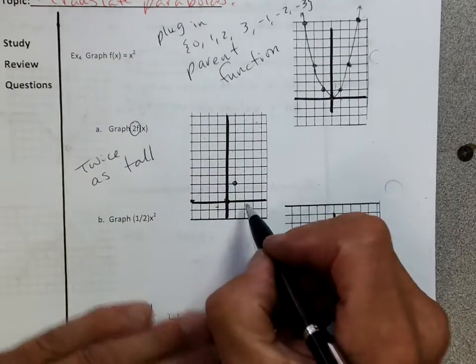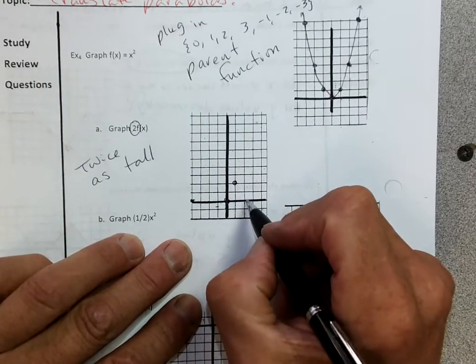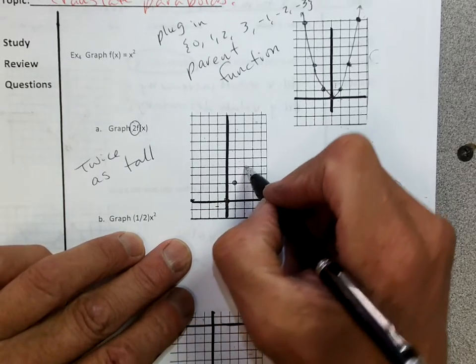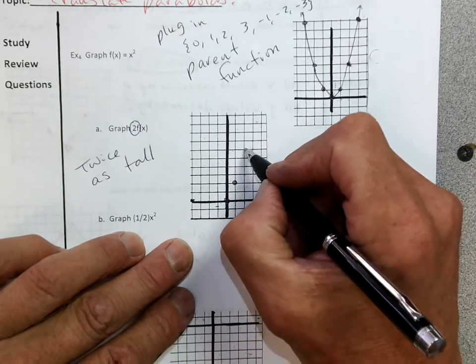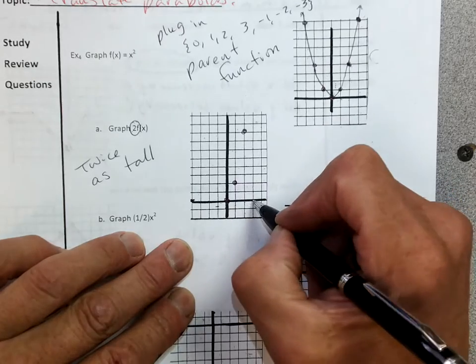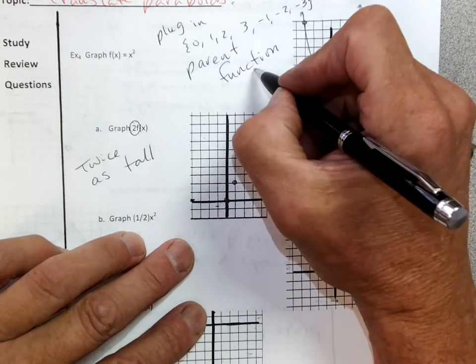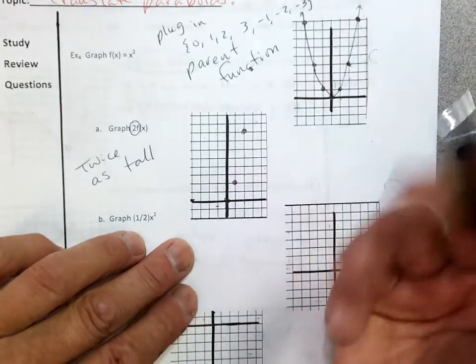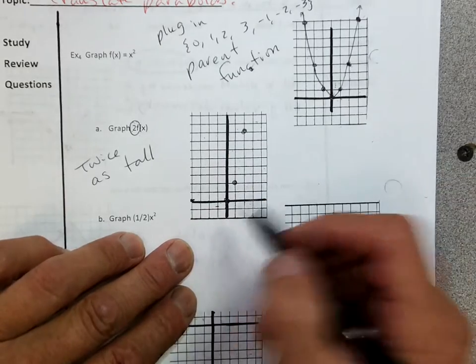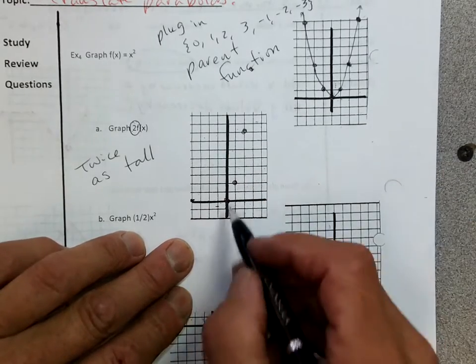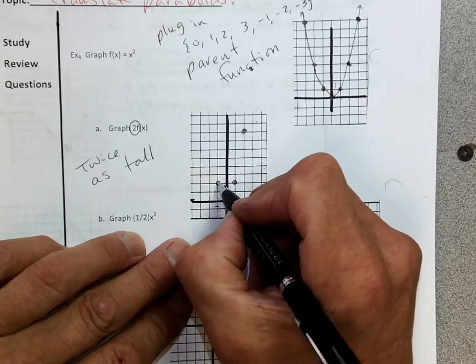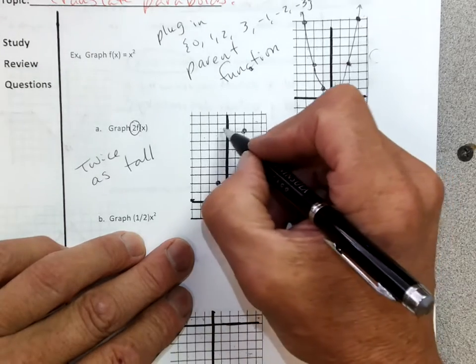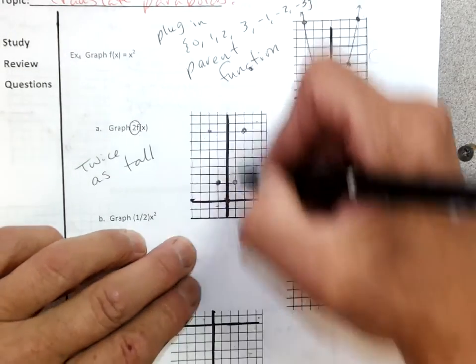So I'm going to go 2, and normally I'd go 2, 4, 1, 2, 3, 4, but I'm going to go twice as tall, so we'll go to 8, 4, 5, 6, 7, 8. 3, 18 is probably going to be off the paper, so I'll just squish it way up there, okay? But it's off the paper, right? Doesn't fit. Now it's symmetrical, right? So I'll put a point here at 2, and I'll put up here a point at 8, and way up there somewhere, okay?